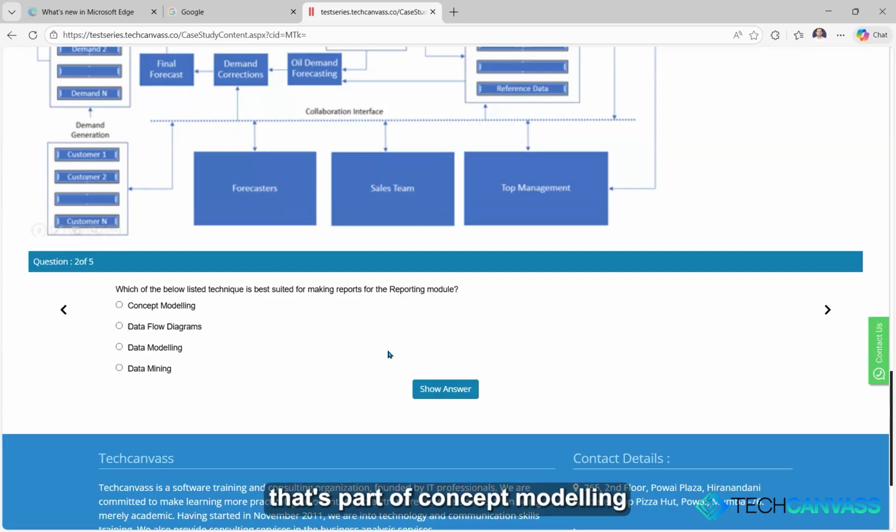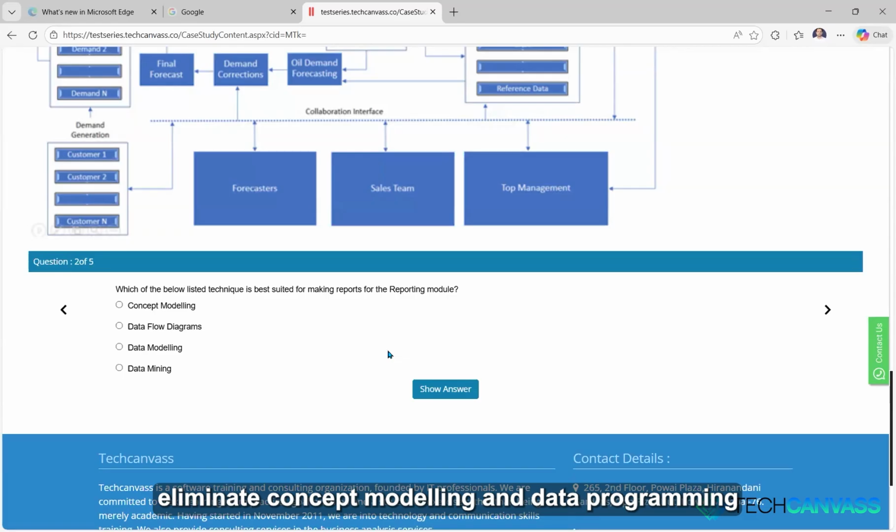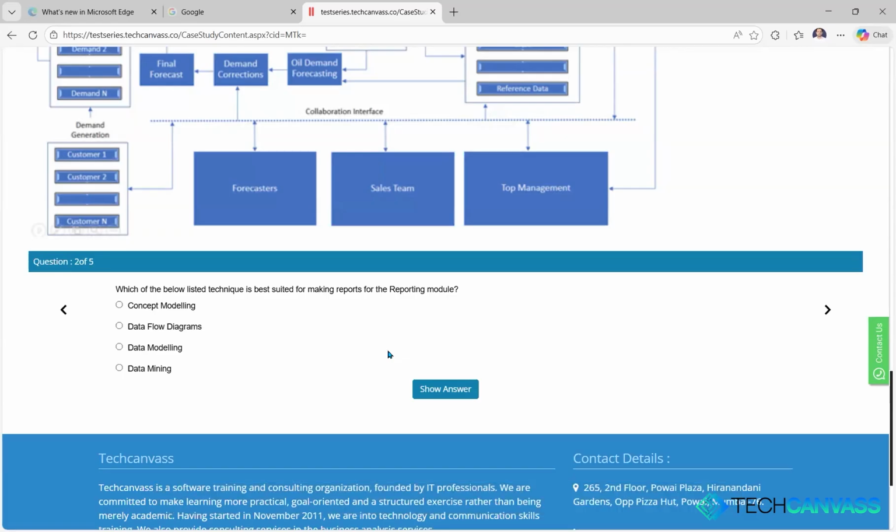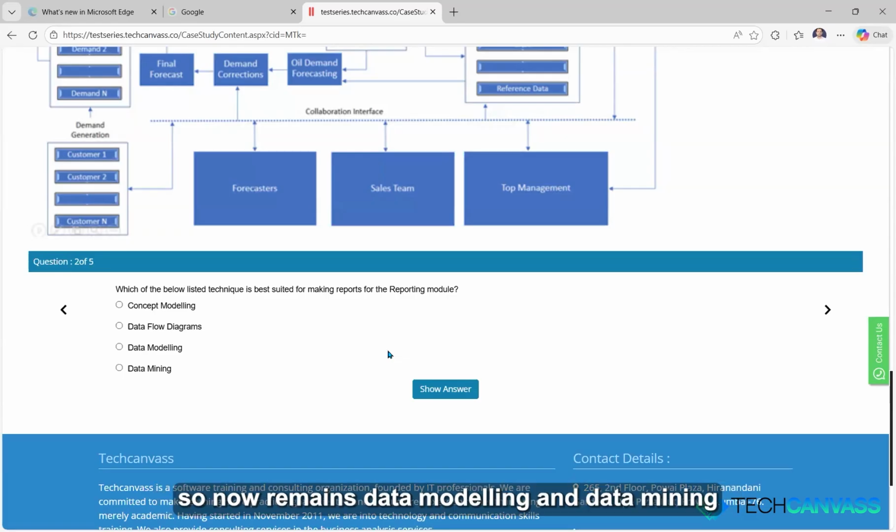How they relate to each other is part of concept modeling. So will that help in reporting? No. Okay. If you all agree, can we eliminate concept modeling and data flow diagram? Yeah. So now data modeling and data mining remain.